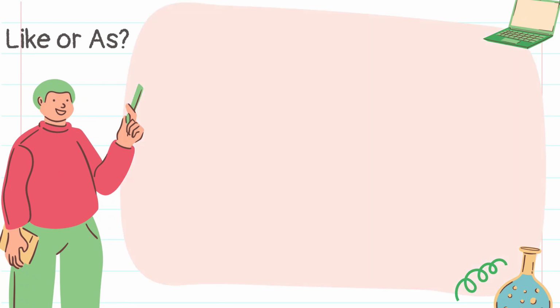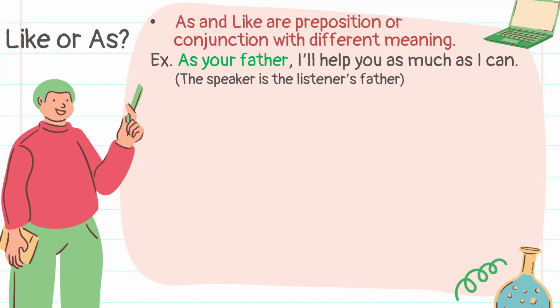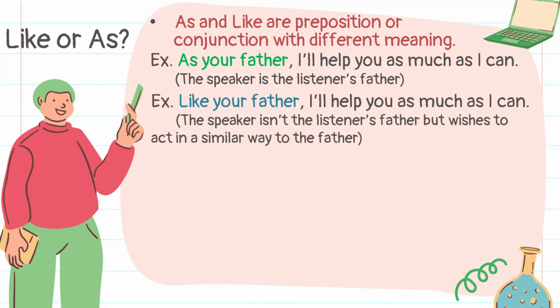So as and like are prepositions or conjunctions with different meanings. Example: As your father, I help you as much as I can. It means that the speaker is the listener's father. If you use the word like: Like your father, I help you as much as I can.